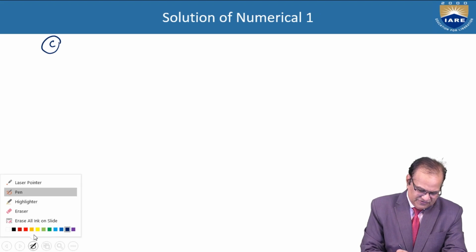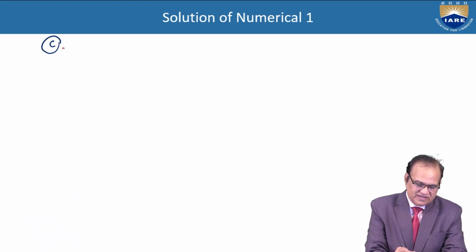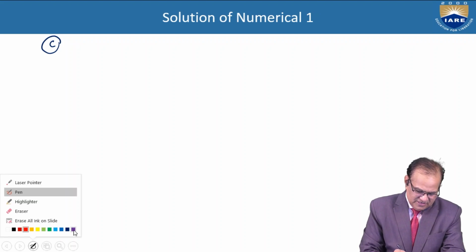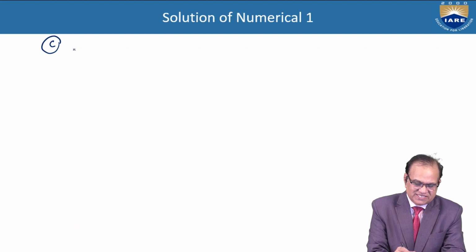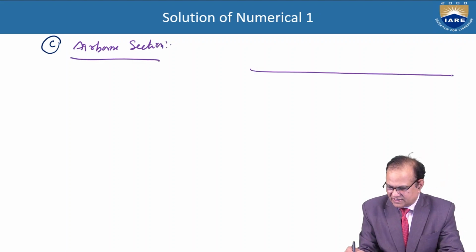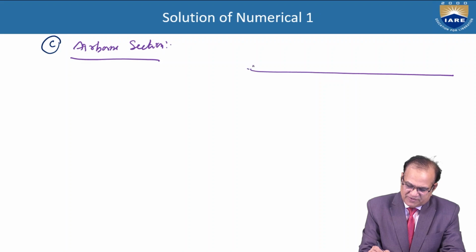This I will change with red color. So this C part I will mark with violet color. So this C is the airborne section. If you see here, this is the aircraft.